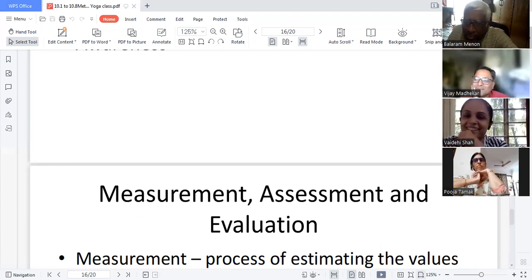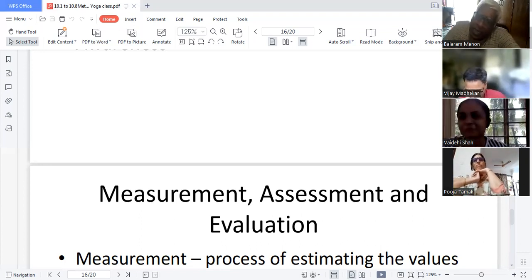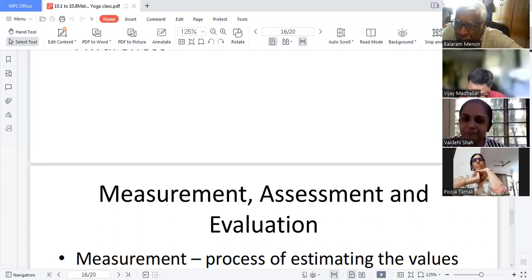Now let's see what Balram sir says. See, mistakes are bound to happen in the initial stages. Mistakes are to be rectified gradually during the progress. There will be mistakes. An obese person will not be able to do as a person with a normal body.